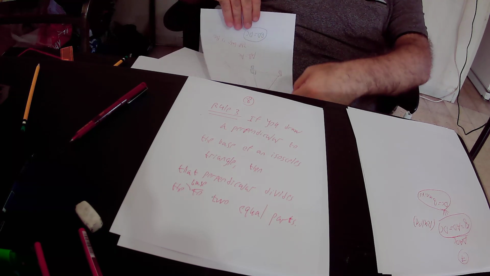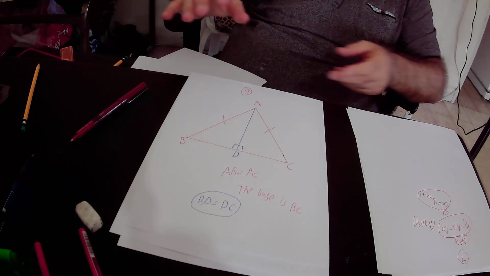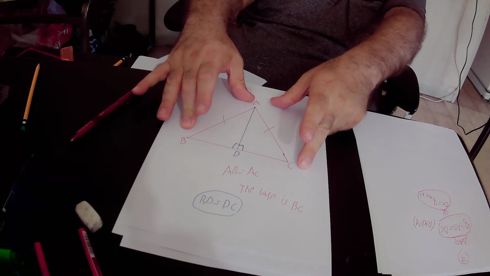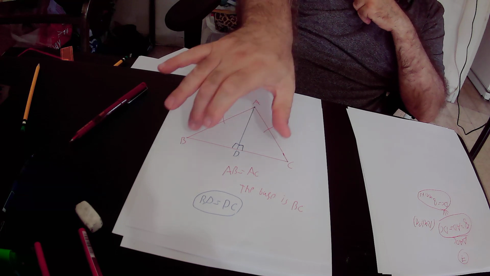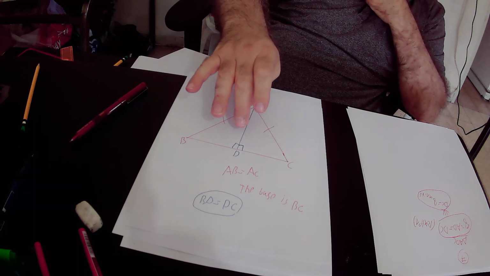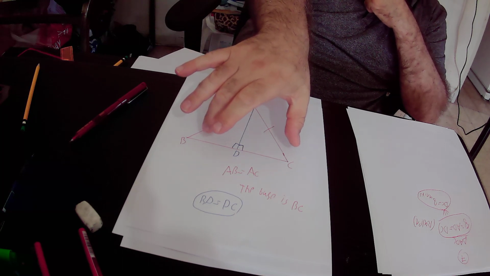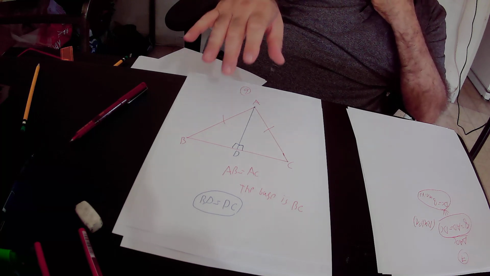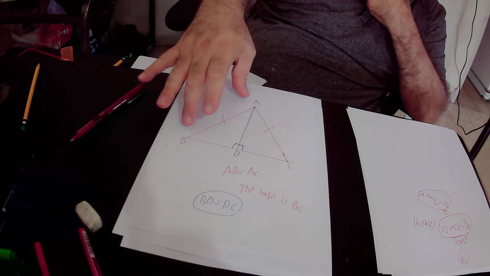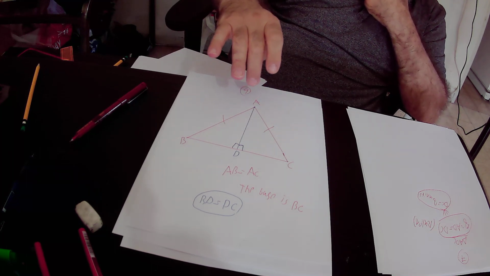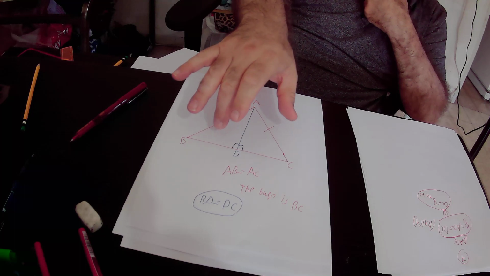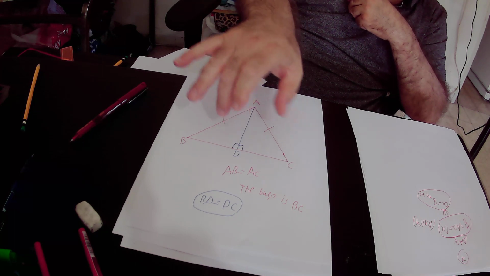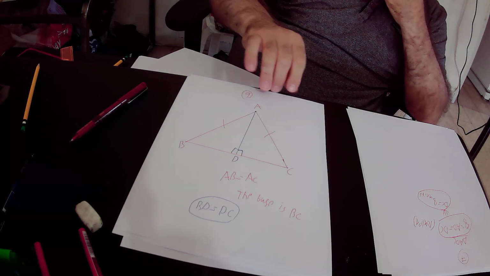So if this triangle ABC is an isosceles triangle, that is to say AB equals AC, then if we draw a perpendicular to the base BC from point A, then this perpendicular will divide side BC into 2 equal parts, that is to say BD equals DC.